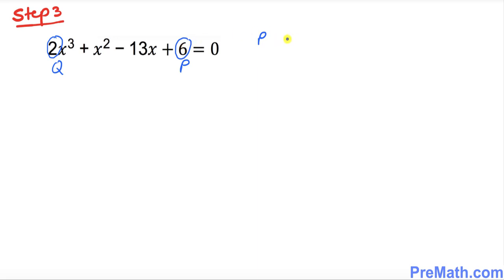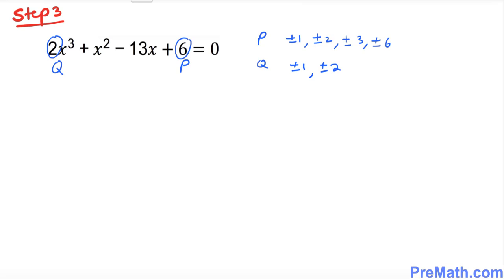The divisors of 6 are positive or negative 1, positive or negative 2, positive or negative 3, and positive or negative 6, aren't they? And now let's do the divisors of Q, which is 2. The divisors of 2 are positive or negative 1 and positive or negative 2, aren't they?